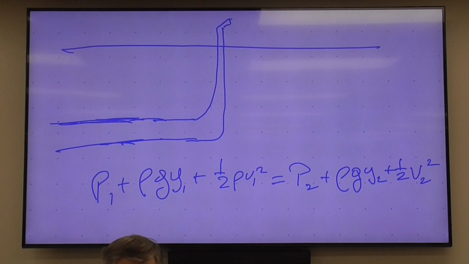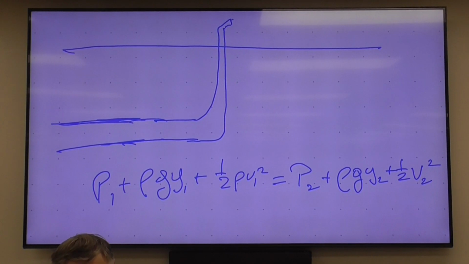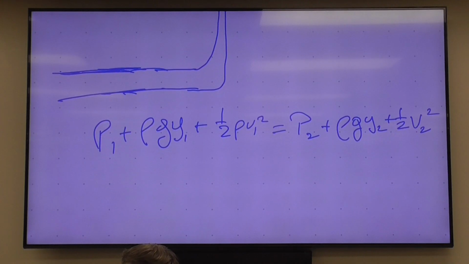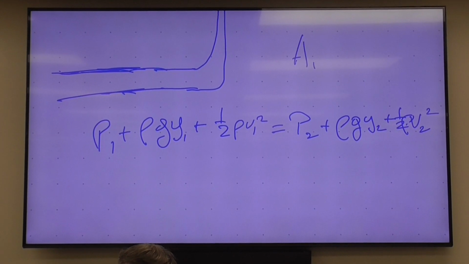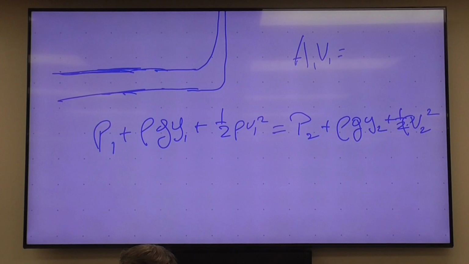So, what do you know about the opening of a hydrant or like a faucet or a drinking fountain? Is it small or is it big? Small, comparatively. Okay. So what that means is that this is going to be 1/2 rho v2 squared. And this is where you have to combine the ideas of A1 V1 equals A2 V2.